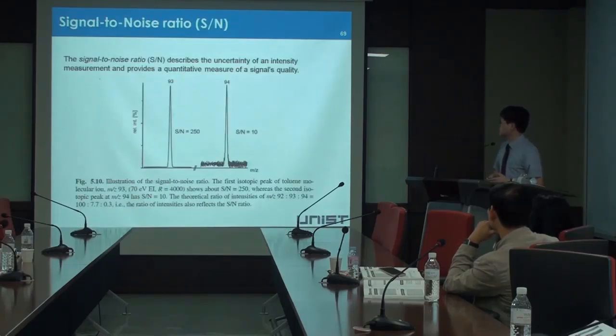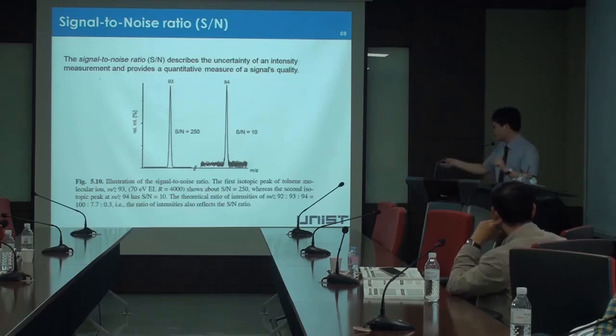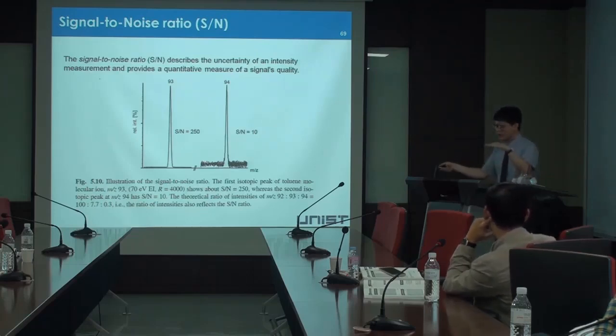Okay, and this is the signal to noise ratio, S/N ratio. S/N ratio means signal, this is signal, noise is this one. If the concentration is high, or sometimes the instrument is very nice, then we can get a high S/N ratio. But if the instrument is not so good and the concentration of the target chemical is very low, then the noise level is relatively high, so we get a low S/N ratio.